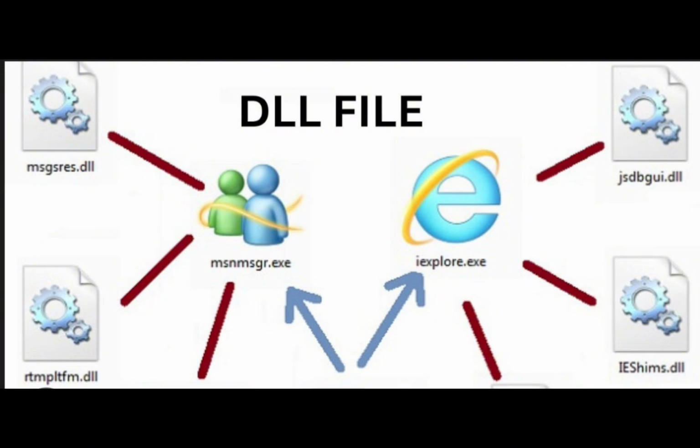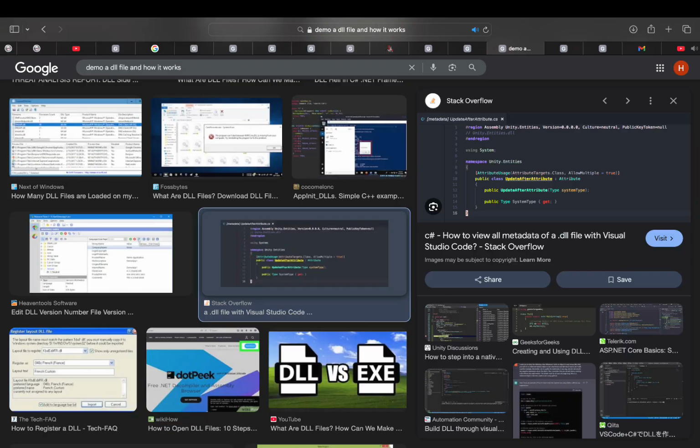This is when multiple programs access the same DLL, and a single copy is loaded into physical memory and shared. This saves significant system resources like space compared to static libraries, where each program must load its own full copy of the library.